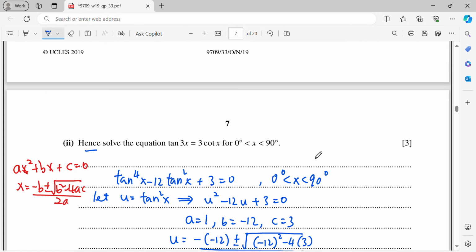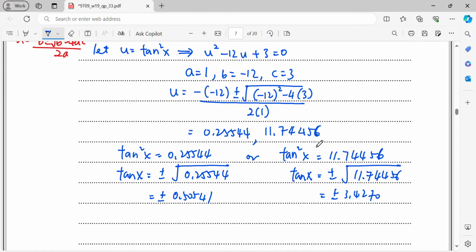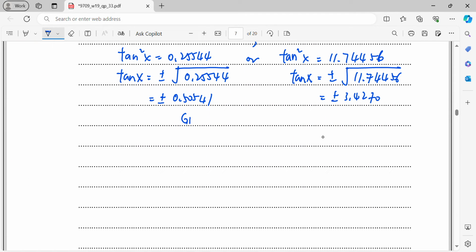But then you don't forget that you are given the x in first quadrant. So given the x between 0 and 90 degrees, it's known that the tangent value will be positive in the first quadrant. Therefore your tangent x will be both positive.